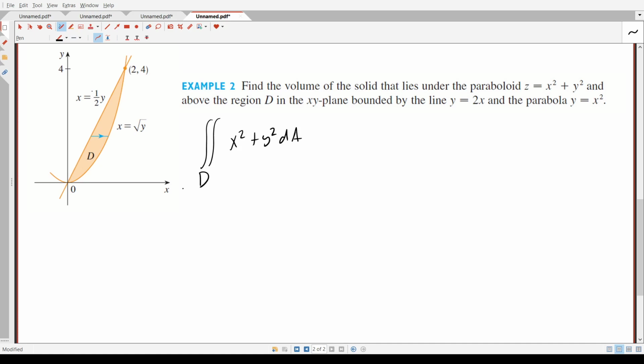So there's actually two ways of doing this, and we'll go ahead and work both ways to see how they would both work. But what do you guys think? Should I do dy dx or dx dy? Which integral should I do first?